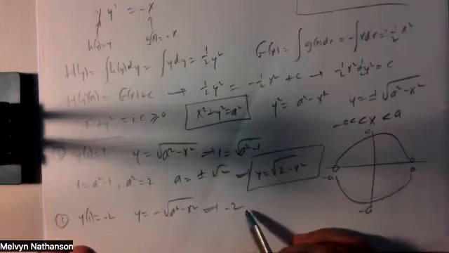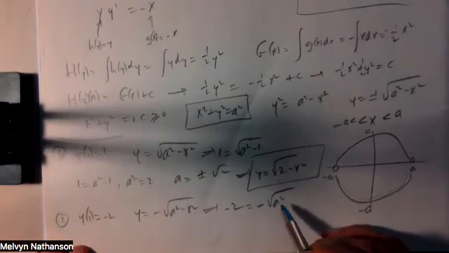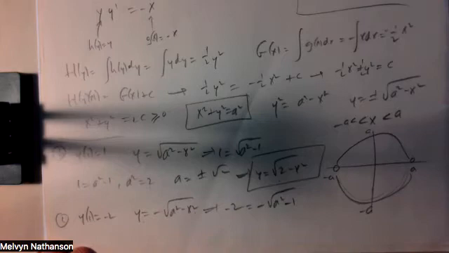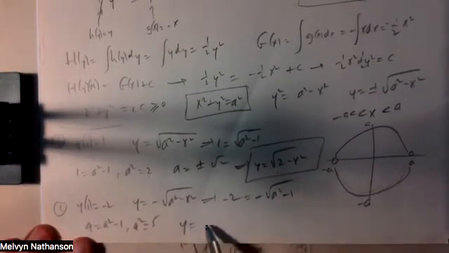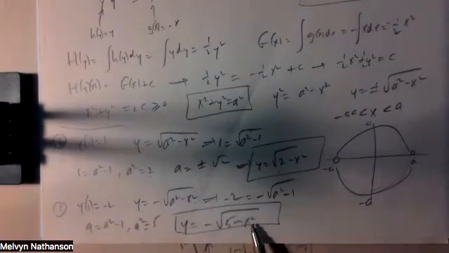So minus 2 is minus the square root of a squared minus 1, which means if you square both sides, 4 equals a squared minus 1, or a squared equals 5. So my solution is y is minus the square root of 5 minus x squared. So this is the unique solution of the differential equation, which when x is equal to 1, y is equal to negative 2.